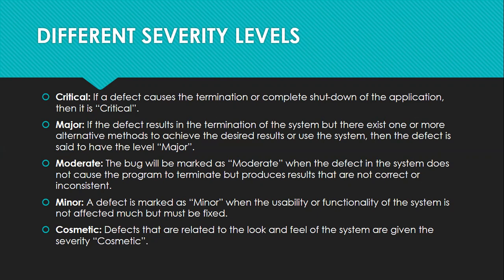Cosmetics are related to GUI issues. Let's say there is a spelling mistake, for example, instead of "different", they have written "DIFRENT" with one F missing. Such defects are cosmetic. They are more of a GUI thing in the software.